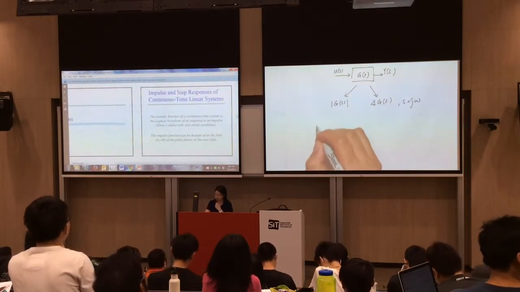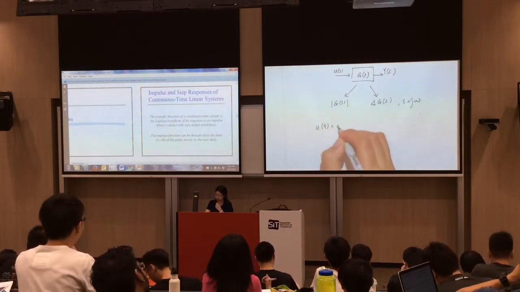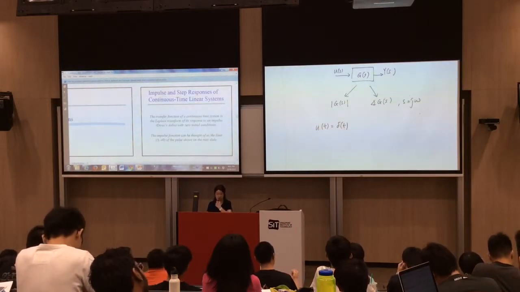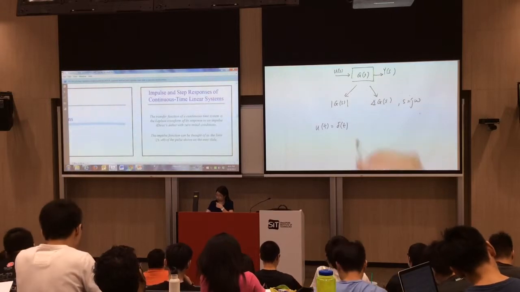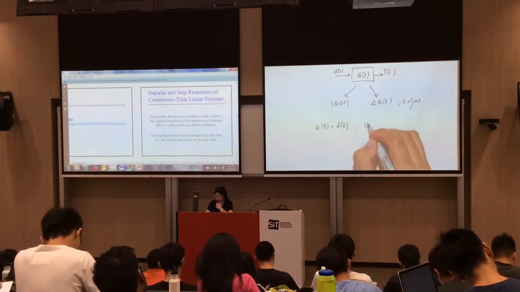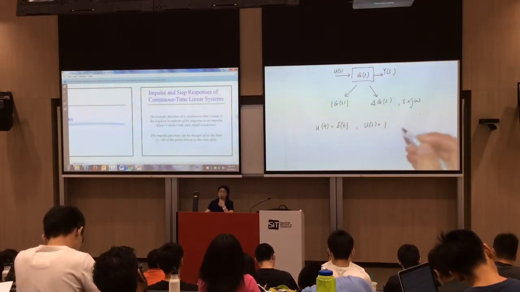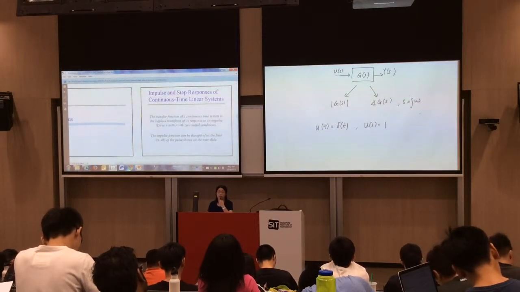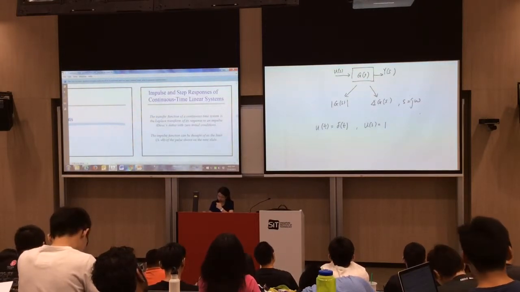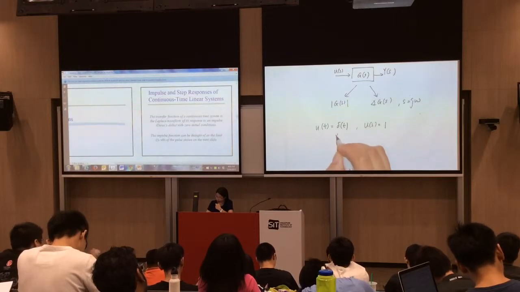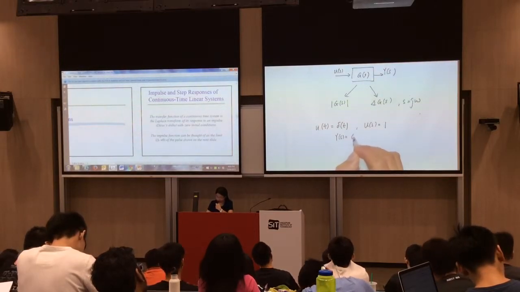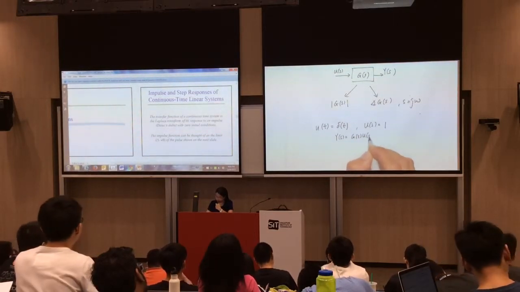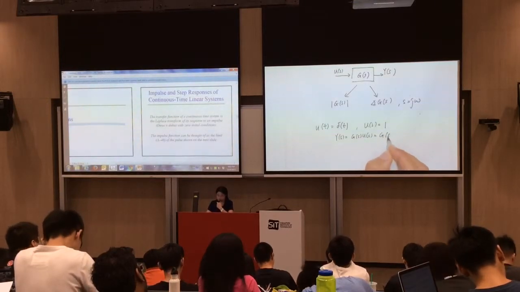The impulse response is when u(t) is delta(t). In Laplace transform, that is just 1. The input is an impulse, and what does it mean? Our output Y, which is G(s) U(s), is just G(s).